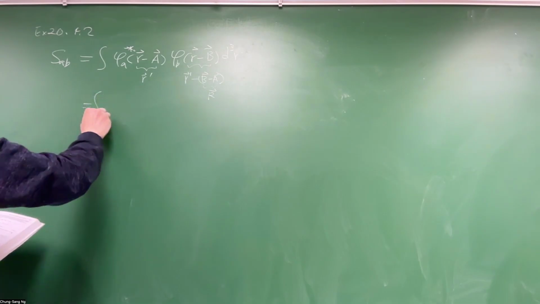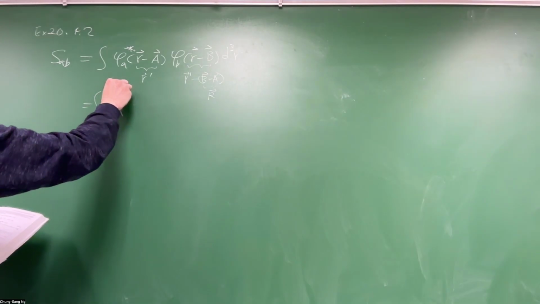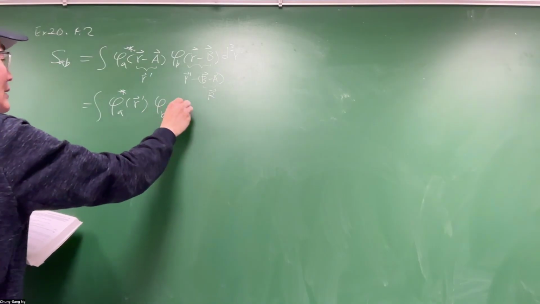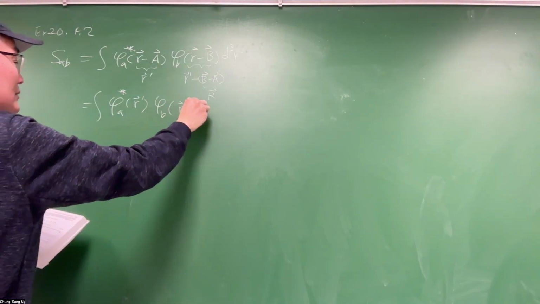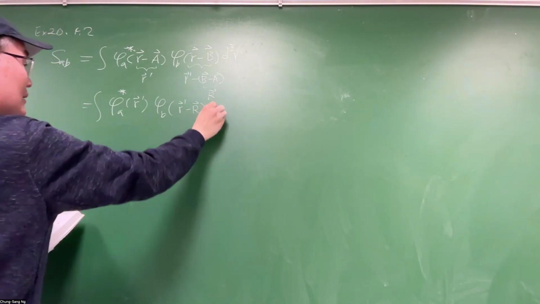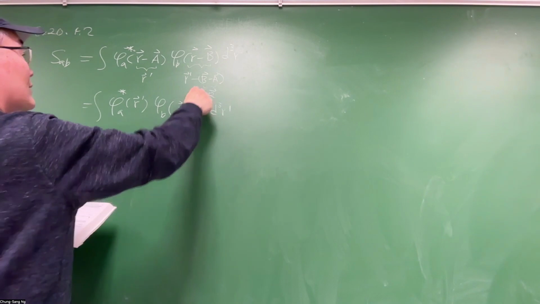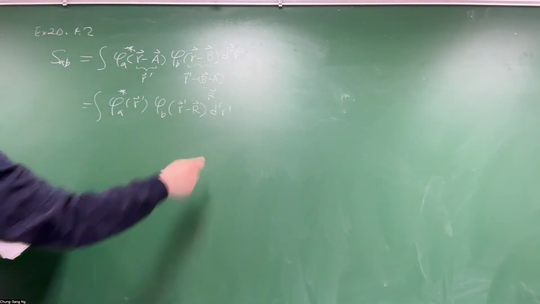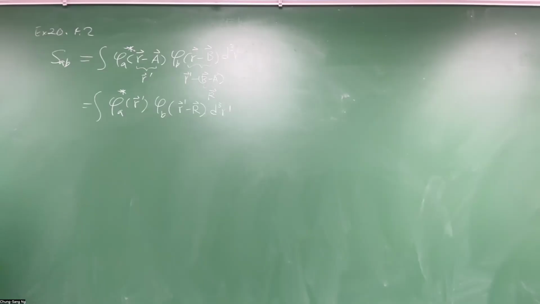So this is psi B of alpha minus R, and d^3 alpha. Obviously the volume element doesn't change if you define it like that.